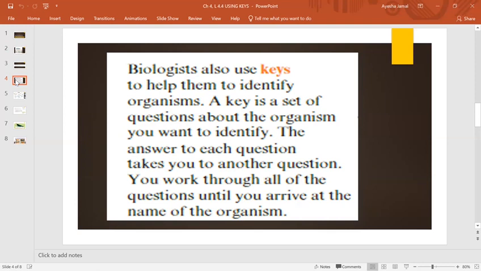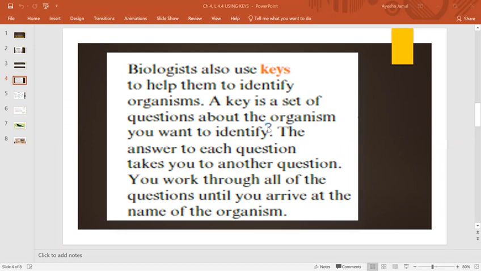What is a key basically? It's a set of questions about the organism you want to identify. So you're looking at the insect or a bird or a fish and you don't know which group it belongs to. You don't know what its name is.